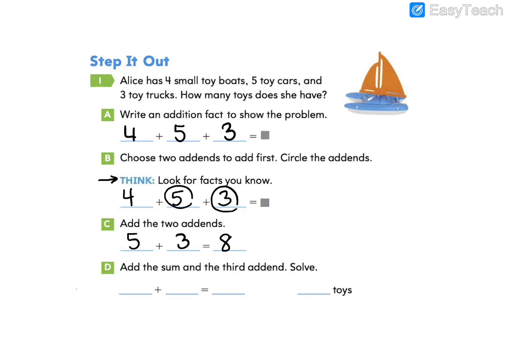Now that I found the sum of two addends, I need to add the third addend. The sum of two addends was 8. The third addend was 4. Go ahead and solve.